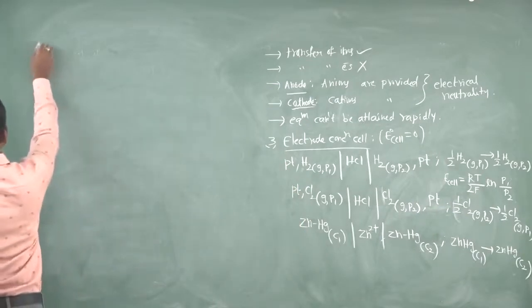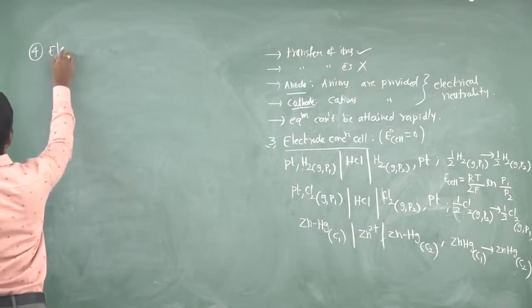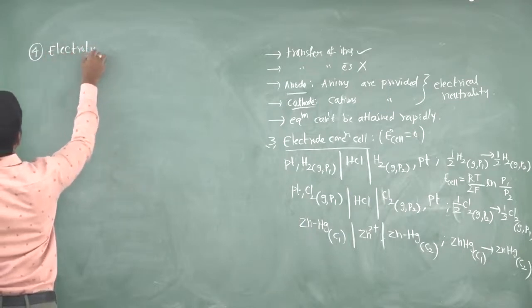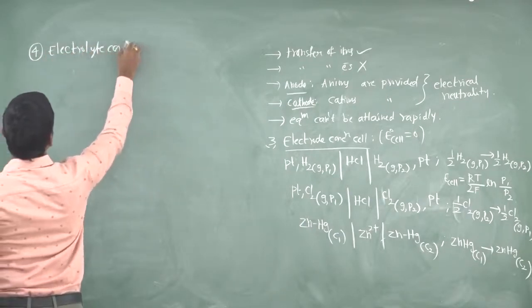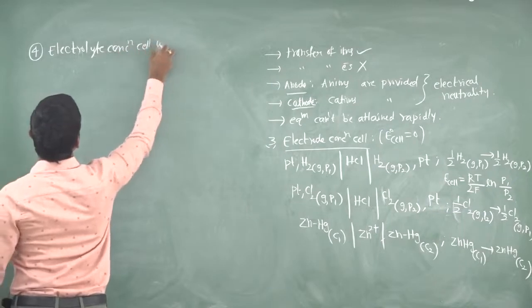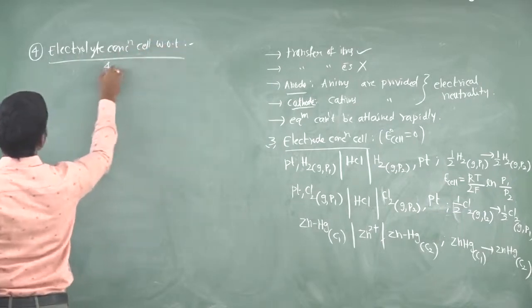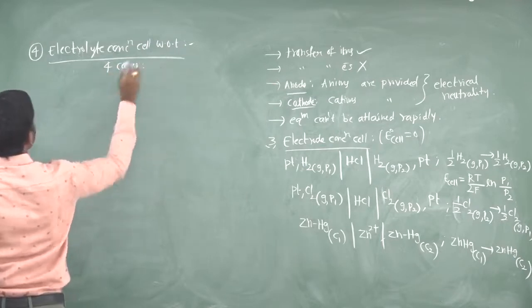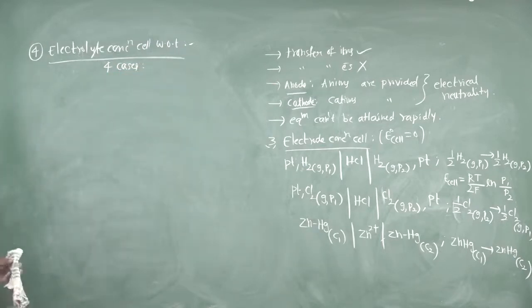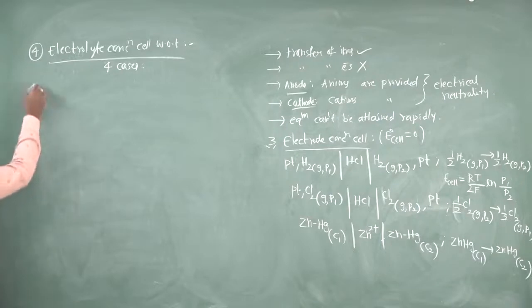Fourth one, electrolyte concentration cell without transference. In this we discussed 4 cases. One is electrode reversible to cation.